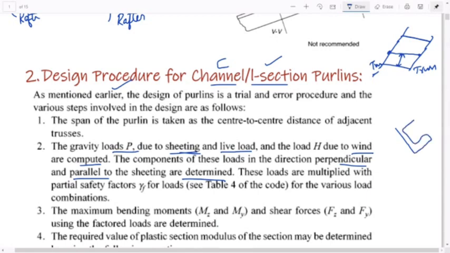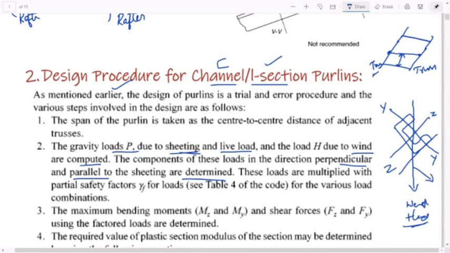So as I told you earlier, this is how a section is going to be. If it is a C section, this is how a C section is going to be, right? This is the axis. For example, this is YY axis and this is ZZ axis. But the load W is going to be all kinds of loads vertically, right? So now you have to resolve this load into two components. One component, see here, this component is perpendicular to the rafter or sheeting.